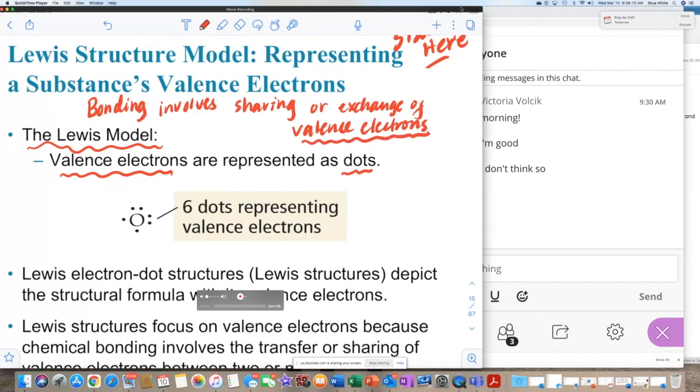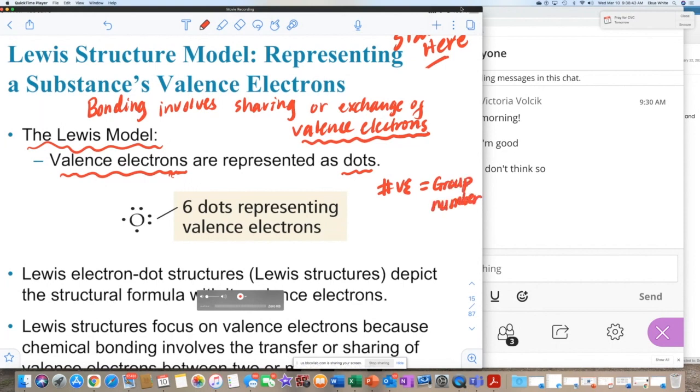For that reason, when Lewis is drawing his model, he focuses only on what is changing, which is the valence electrons, not the core electrons, because they, for the most part, remain constant. As far as 1411 and 1412 is concerned, core electrons will remain constant. Okay, so valence electrons is what he focuses on. The other thing I want to mention is the number of valence electrons, I'll abbreviate as VE, is equal to the group number.